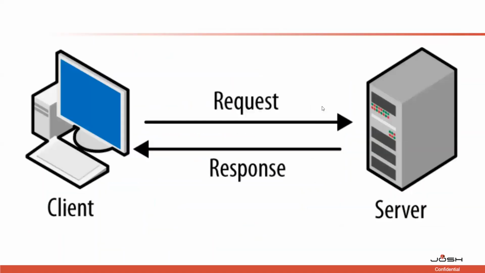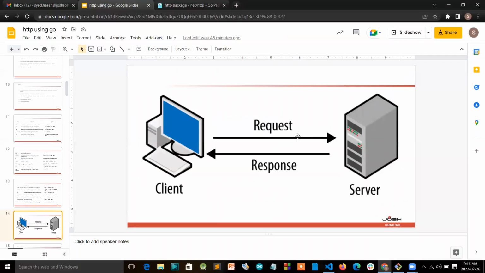So you might have seen this image a lot of times. This is a typical client server model. Client initiates a request, server looks at that request, processes it, and generates a response. Now let me ask you a question.